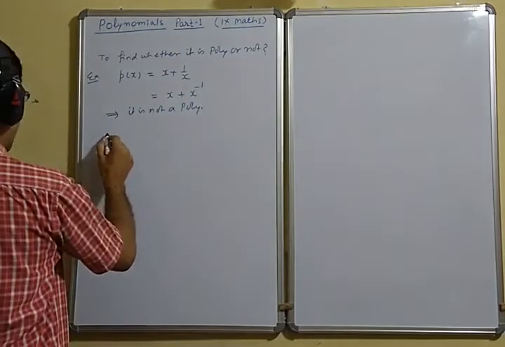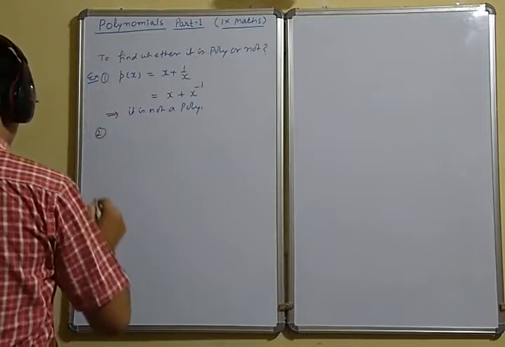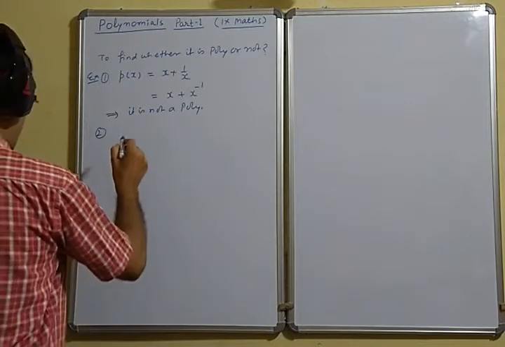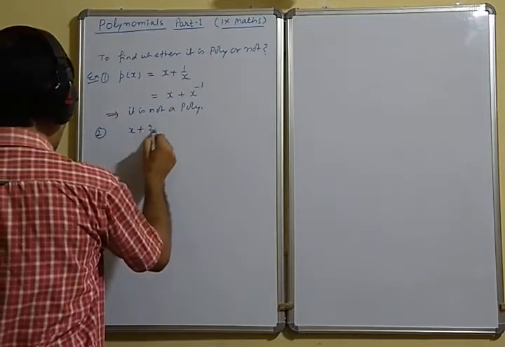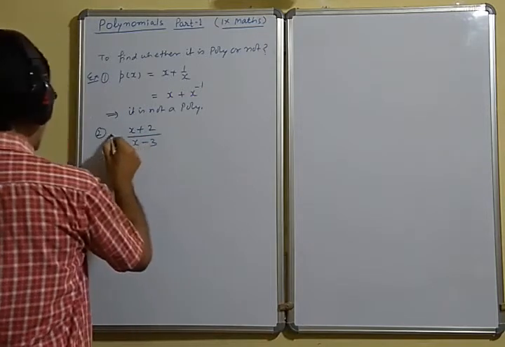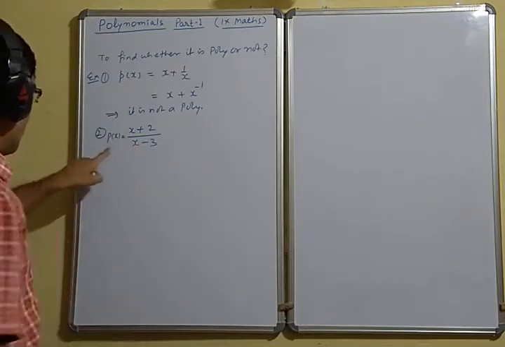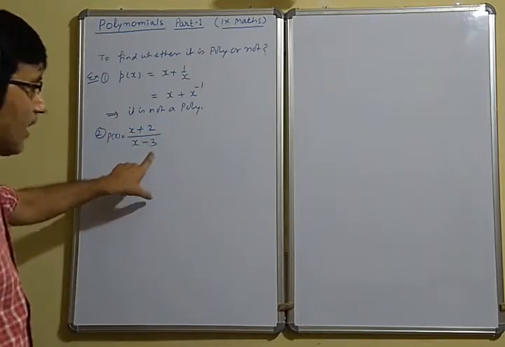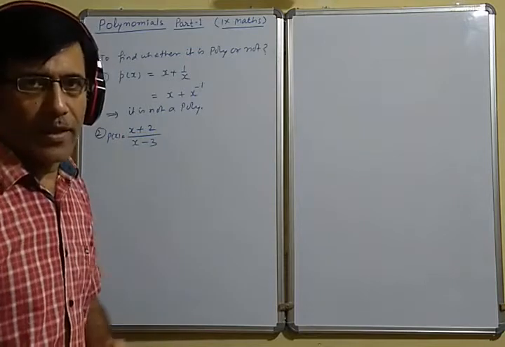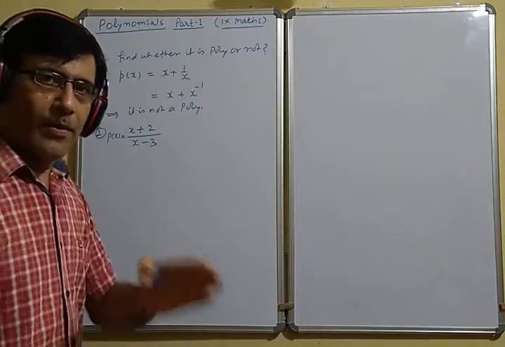This is example number 1. Take another example, x plus 2 upon x minus 3. Let p(x) be equal to x plus 2 upon x minus 3. First of all, we have to divide it.